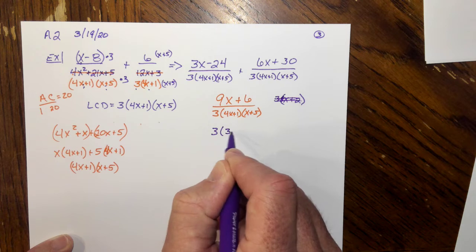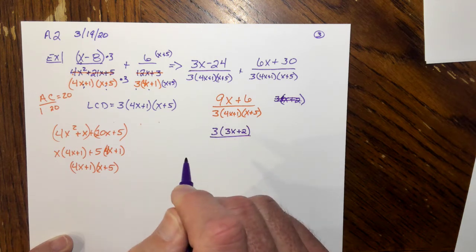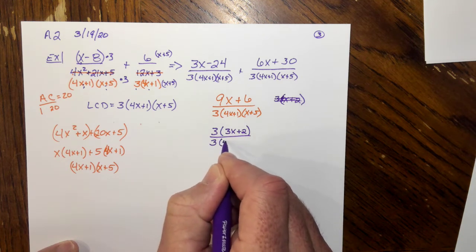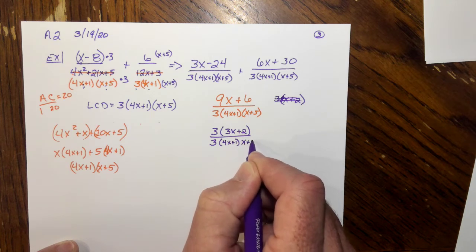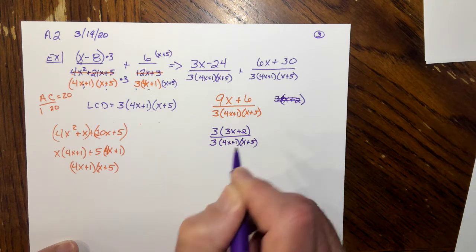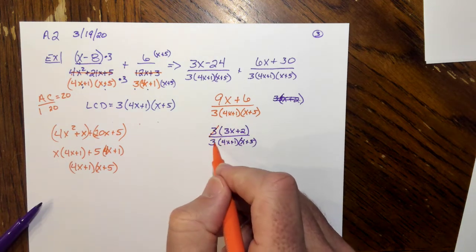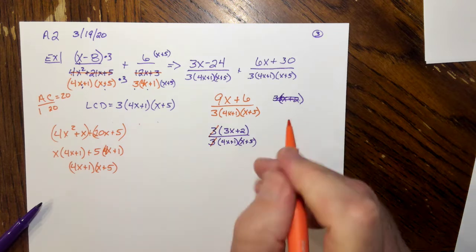Leaving us with 3x plus 2, there we go. The point I want to make here is I can factor out things that are multiplied. 3 is being multiplied. So the final answer.